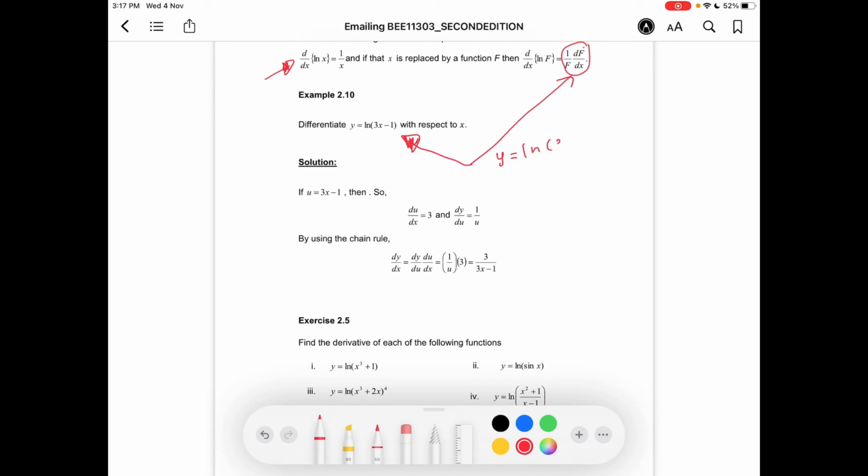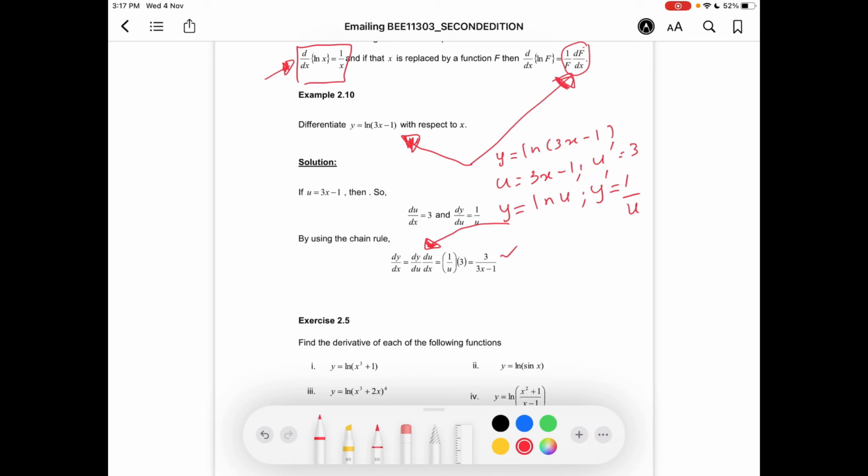So u is 3x minus 1, whereas y is ln u. When you differentiate, y prime is 1 over u. You differentiate u, you get 3. By substituting into the chain rule formula, you will get 3 over 3x minus 1.